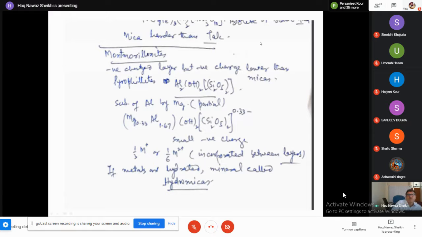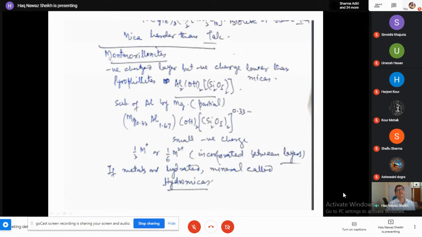Micas are a bit harder than talc because of the presence of these extra metal ions, which hold the layers together by electrostatic attraction. Yet they can be peeled off very easily into layers, and they shine like anything.